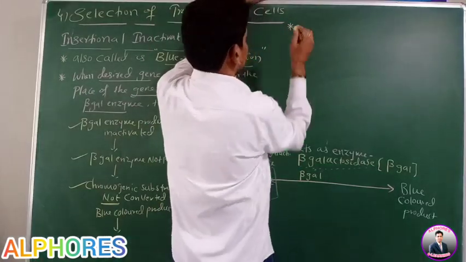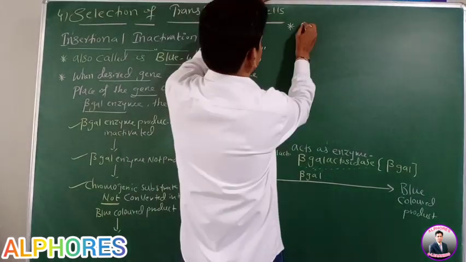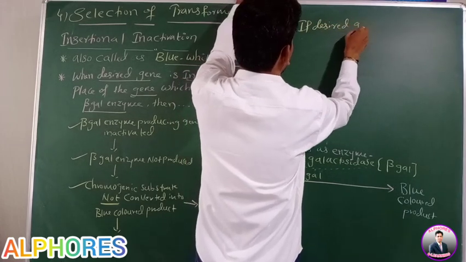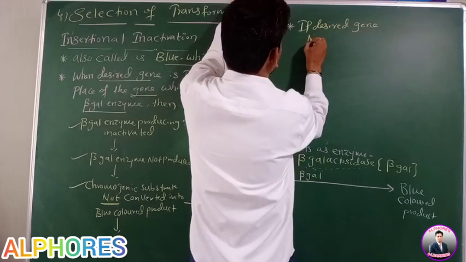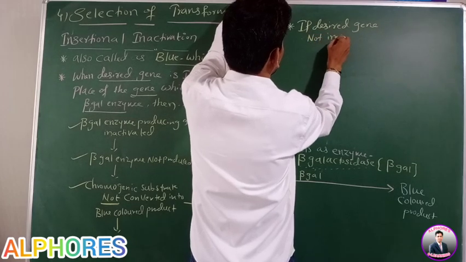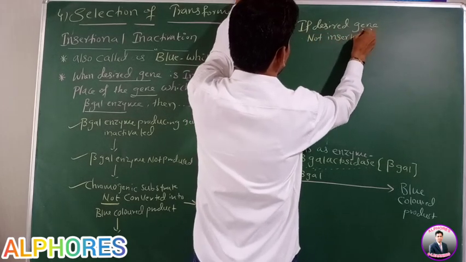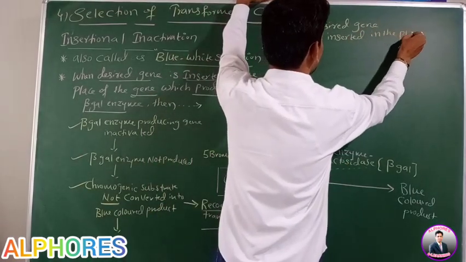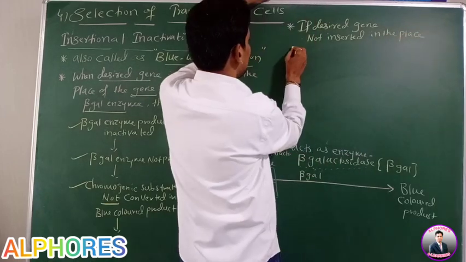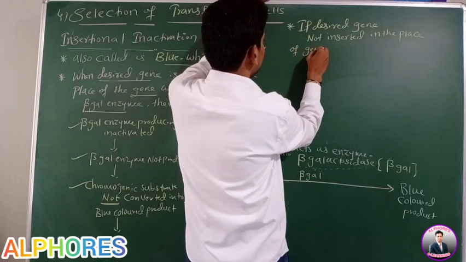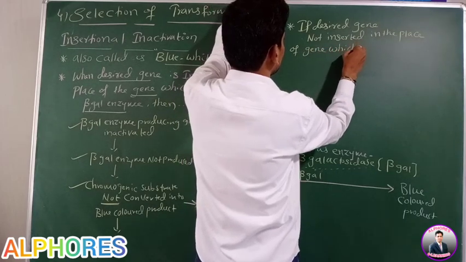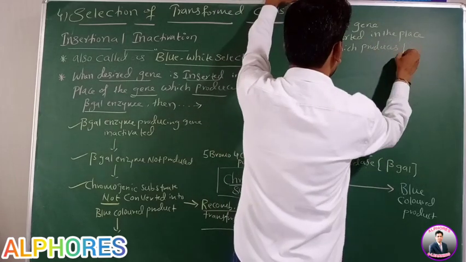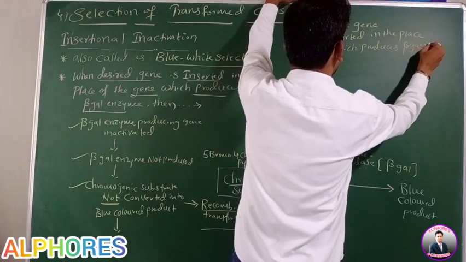Sir, if the desired gene is not inserted, desired gene is not inserted in the place of the gene which produces beta galactosidase enzyme.